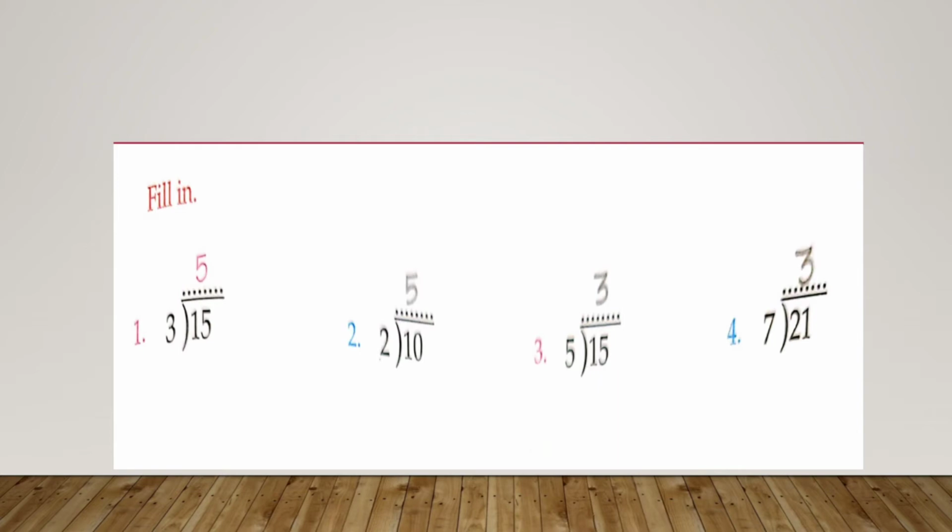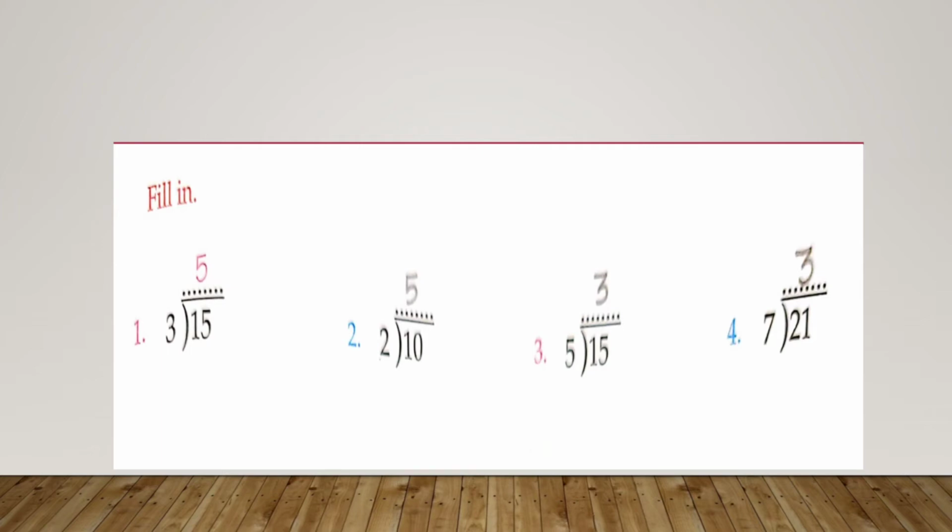Now let's do the next part. Fourth part. Here you have to divide 21 by 7. 7 1s are 7, 7 2s are 14, 7 3s are 21. So children, here 3 will be your answer.